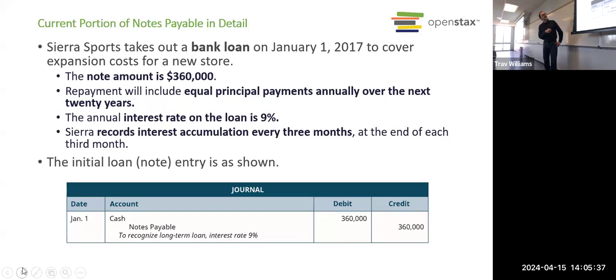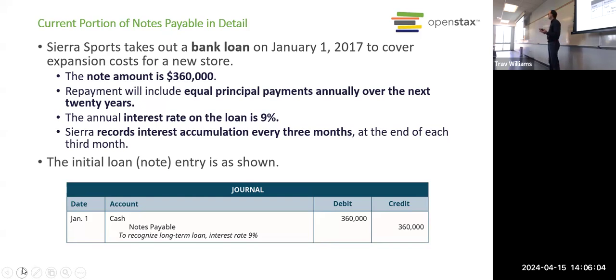There's another situation, they take out a bank loan for $360,000. Remember I said that the terms, whenever there's a note or a loan, both parties have to agree to the terms, right? They have to agree when the principal payments will be made, when the interest payments will be made, etc. So here they've agreed that the principal payments are going to be made every year over 20 years.